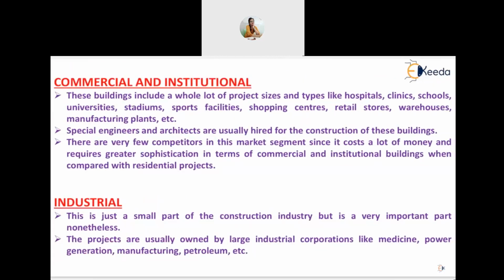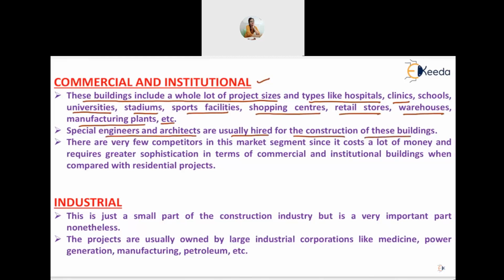Now the next project is the commercial and institutional project. These buildings include a whole lot of project sizes and types like hospitals, clinics, schools, universities, stadiums, sport facilities, shopping centers, retail stores, warehouses, manufacturing plants, etc. Special engineers and architects are usually hired for the construction of these buildings.